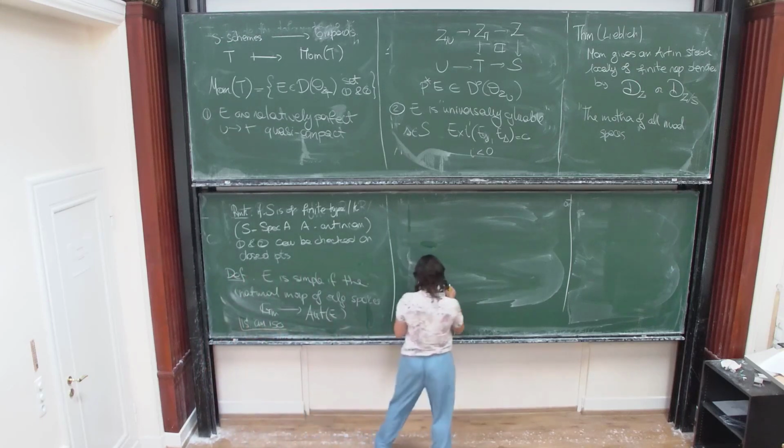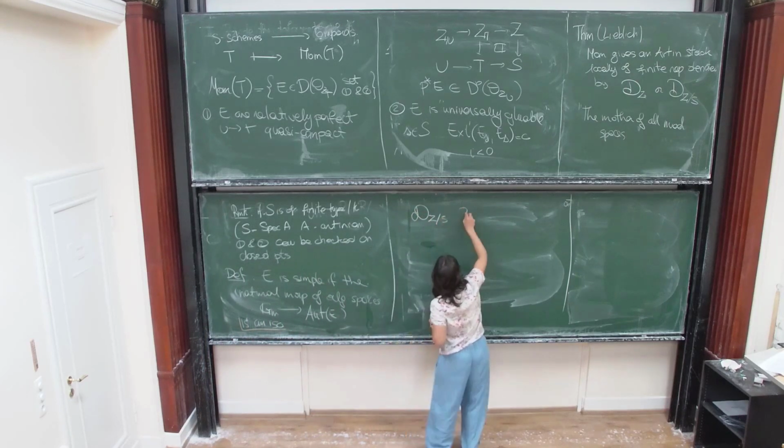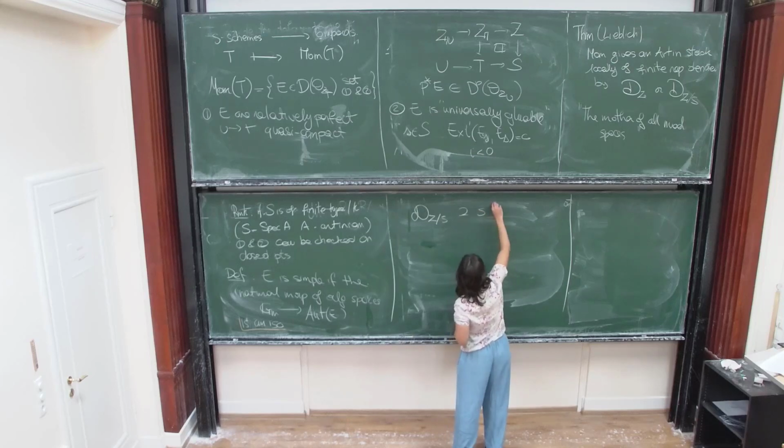And we have that the stack D_S contains the substack of simple objects.